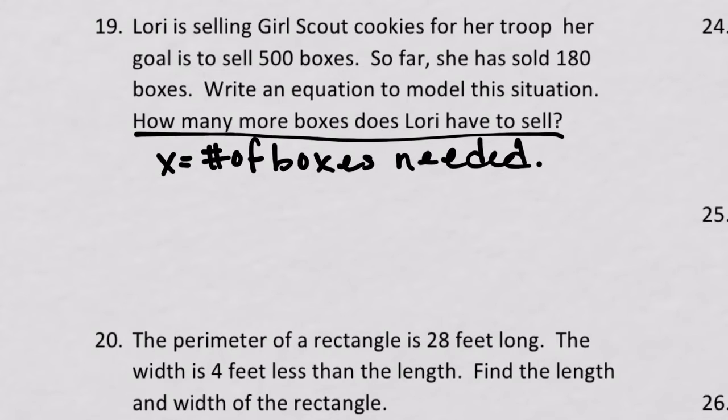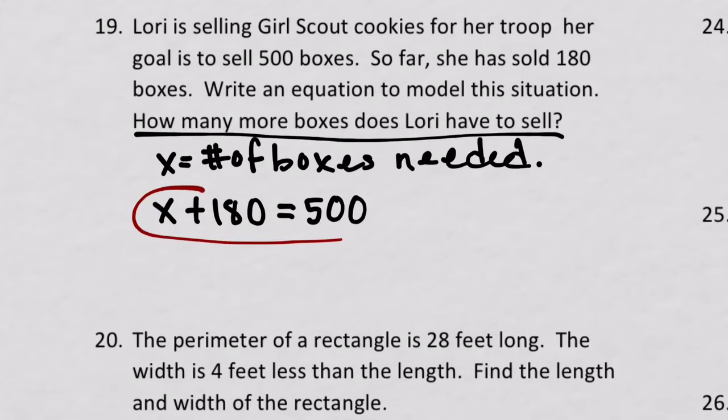So how can we use that X? Well, we don't know how many boxes she still needs to sell, but we know that she has already sold 180. So whatever she needs to sell plus 180 should equal the total of how many she needs to sell in total? 500. There's your equation.